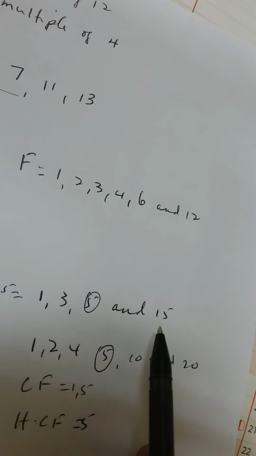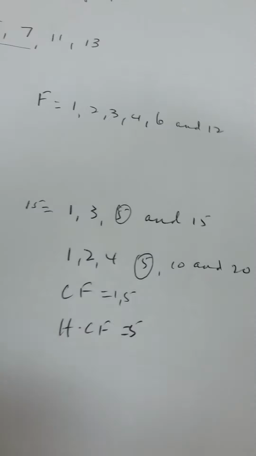So we can observe something about these factors. What we would observe is 3 is a factor of 15, but 3 is also a prime number. 5 is a factor of 15, but 5 is also a prime number. Yeah? So some numbers can be factors of a number, but they are prime numbers.